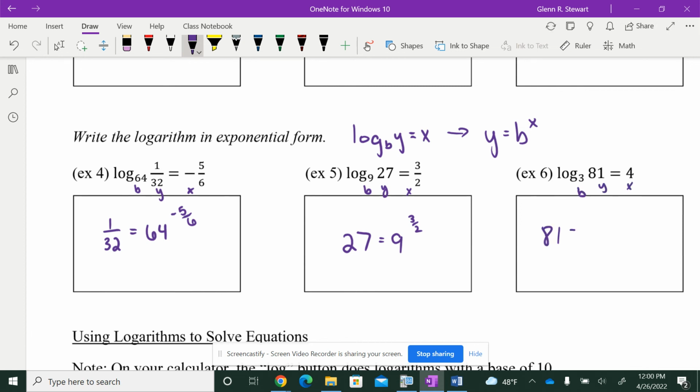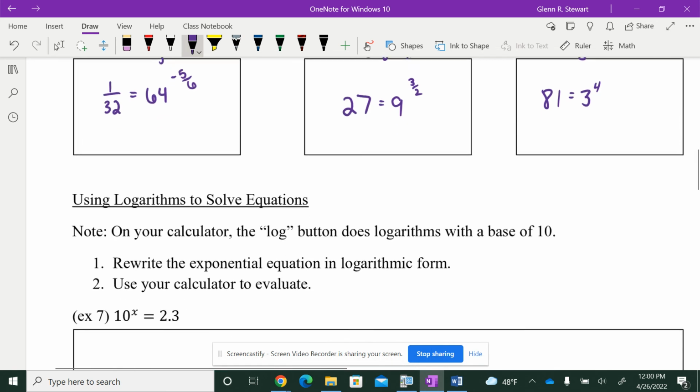And then 81 is equal to 3 to the 4th power. And again, if you checked any of these in your calculator, they would make sense. They'd be equal to that other side. Specifically, example 6, many of you know 3 to the 4th is equal to 81. Like, they work out.